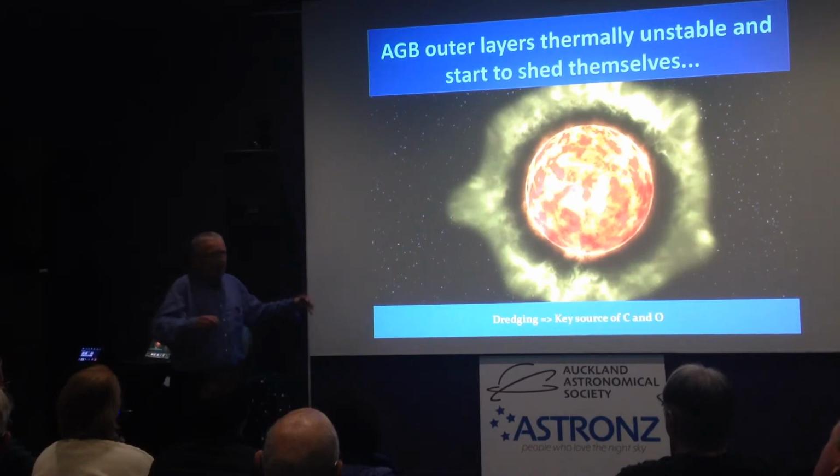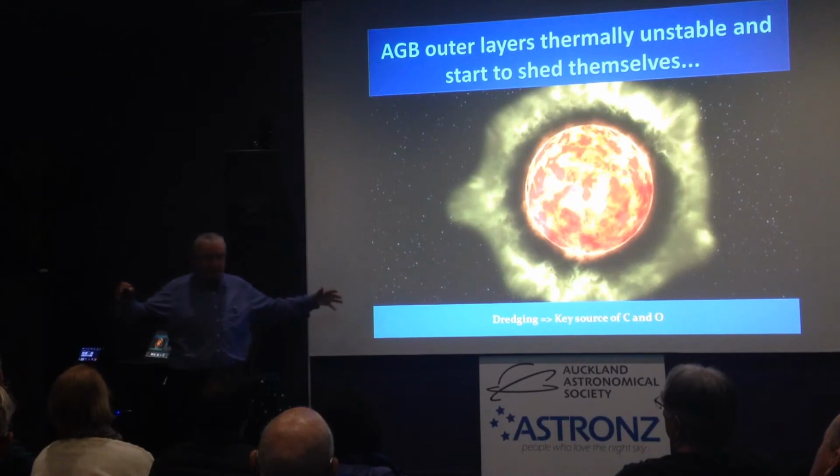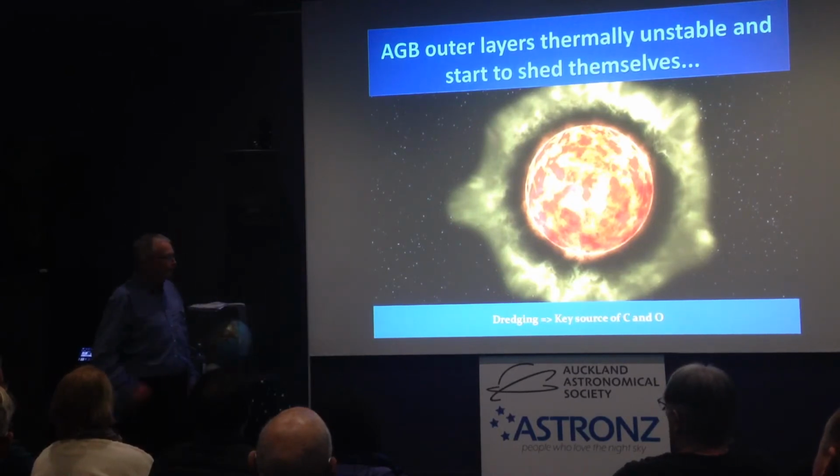So they've got a very low gravitational force up here, and nuclear fusion going on in their shells. They become very unstable. The outer shells start firing off and shedding big layers of the star. Because the radius is so big, they're losing that gravitational attraction, and you've got nuclear fusion going on there to boot.